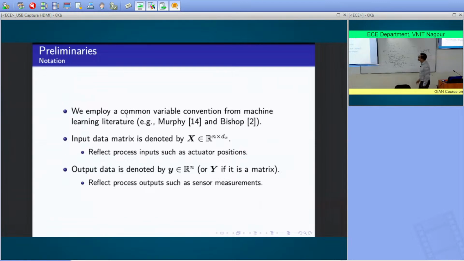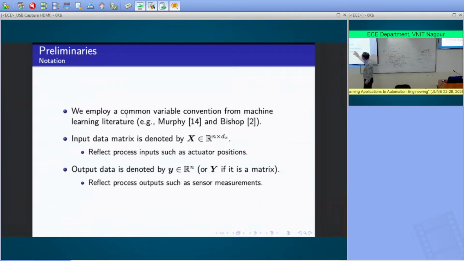All right. Some of these are very intuitive, and you may have already used this notation. We're going to use capital X to denote the input data matrix. It typically has real values with small n rows. Those are the number of data points. And the columns correspond to the number of features in your input data matrix, denoted by dx. The output is a vector y in R^n. It doesn't have to be.